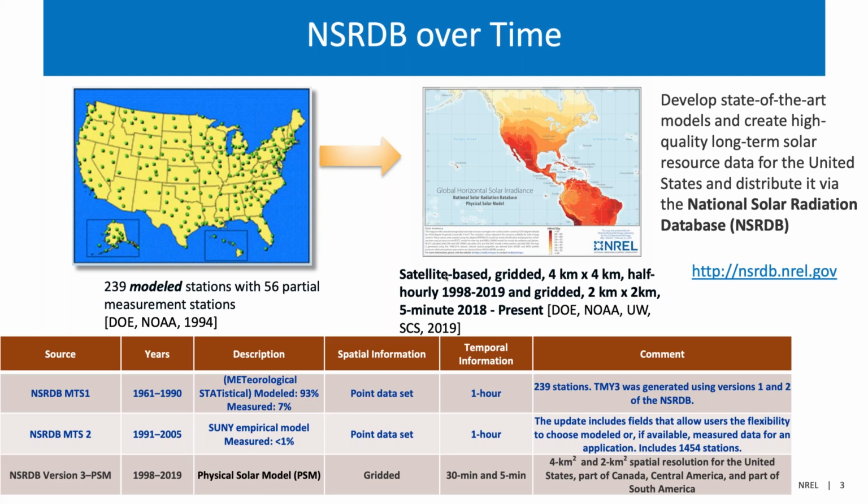At that point, since 1998, the satellite became available. So as you see here, the NSRDB MTS2 included partially satellite data and partially these ground data sets. But then the current version of the NSRDB is all satellite. The data starts in 98 and goes to 2019 currently.